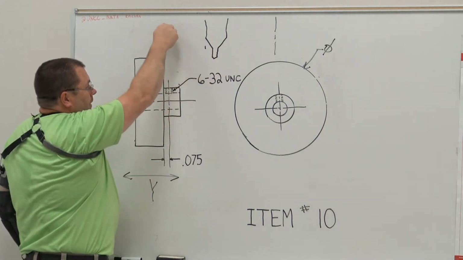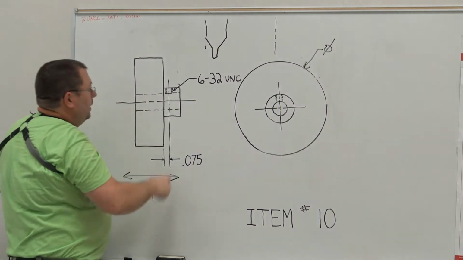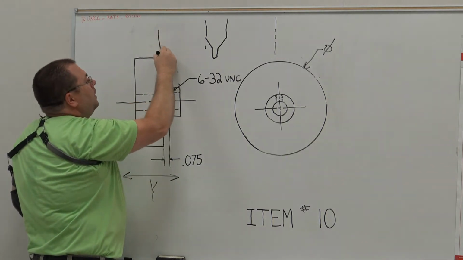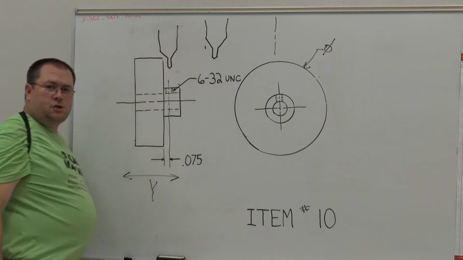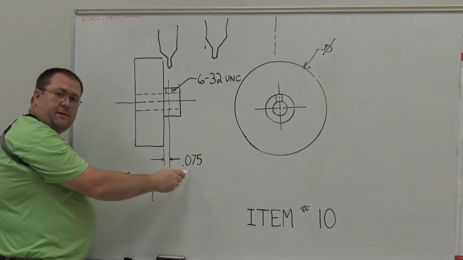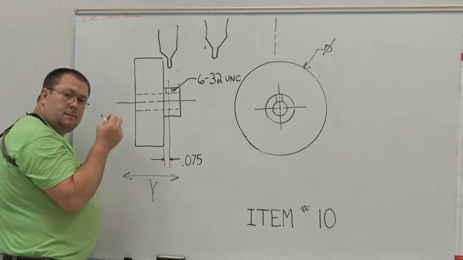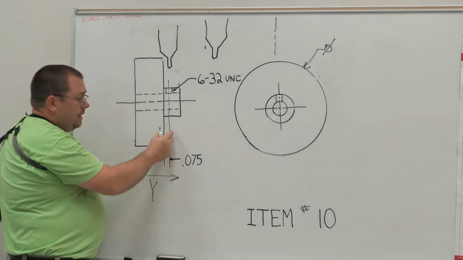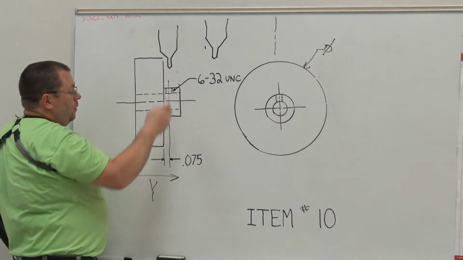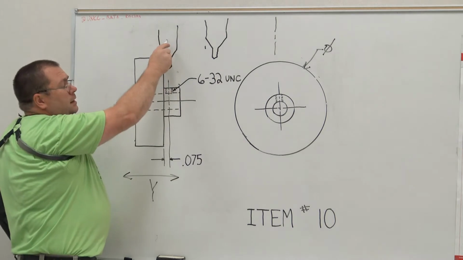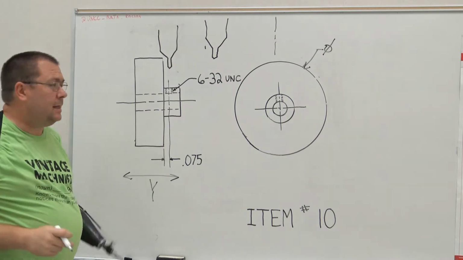If I put the center drill in here and I drew it in, I'm going to find out that my center drill actually overhangs that shoulder. Because if I took 75 thousandths and I doubled it, that's 150 thousandths. That's theoretically the max size diameter that I can sneak down past this shoulder, right? Well, 150 thousandths is smaller than 3/16, or 187.5 thousandths. So that's the number 2 center drill.